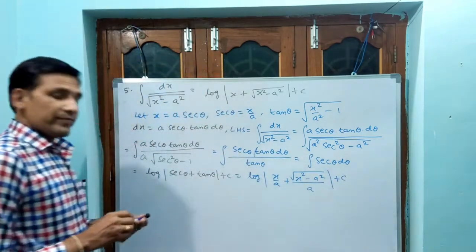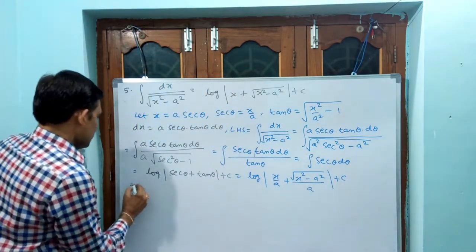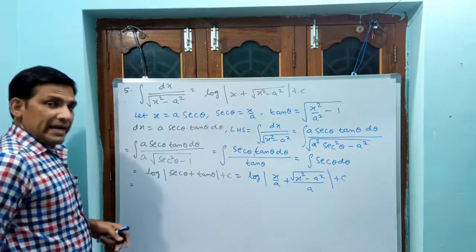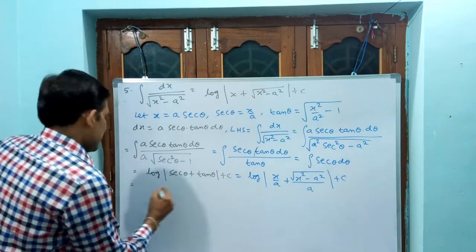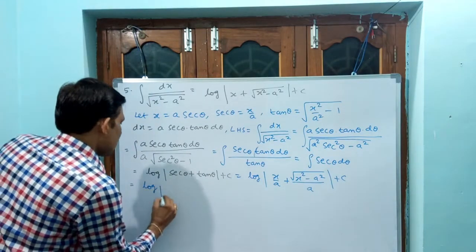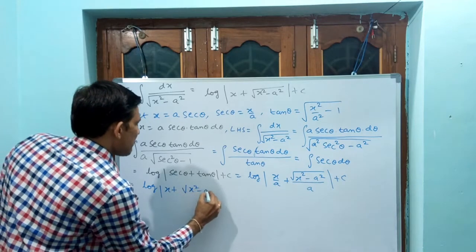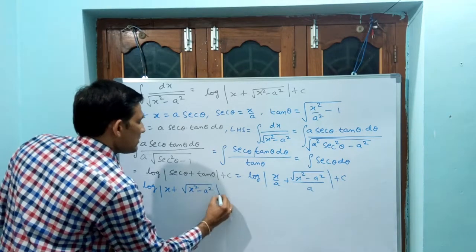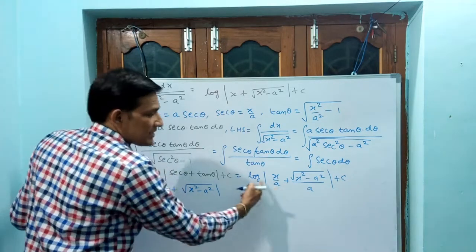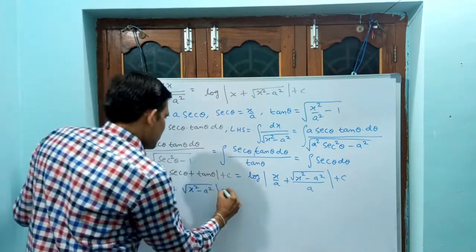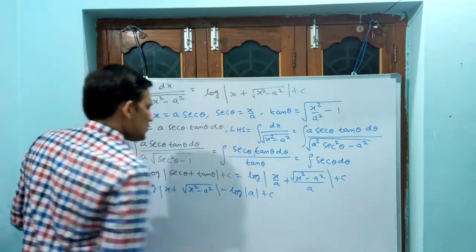Is it okay? Okay. That is equal to, again you can make. Why? Because see, a is common, LCM you can take. You see what I am writing, log of x plus square root of x square minus a square. Okay. A is common is there, na? Then what I am writing, you see, minus log modulus a plus c. Is it okay? First you see.